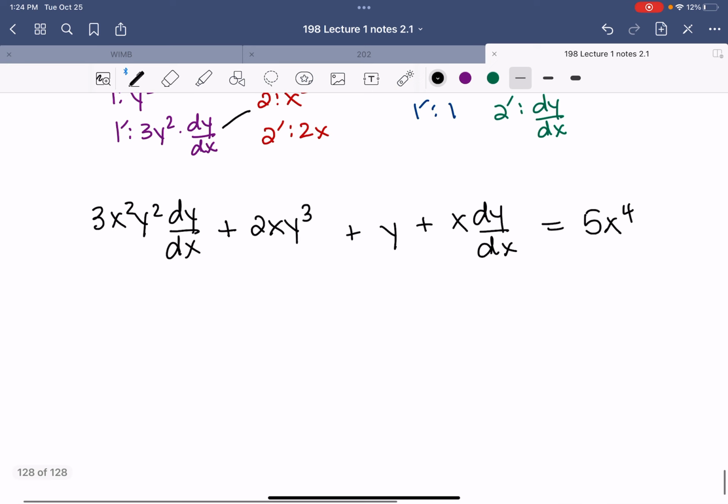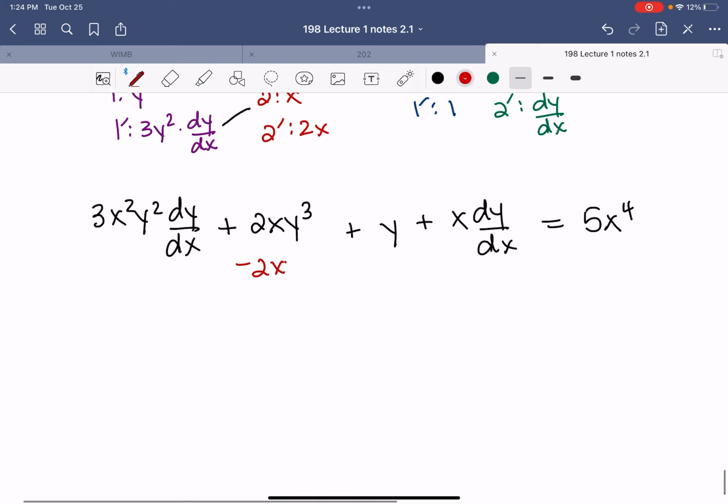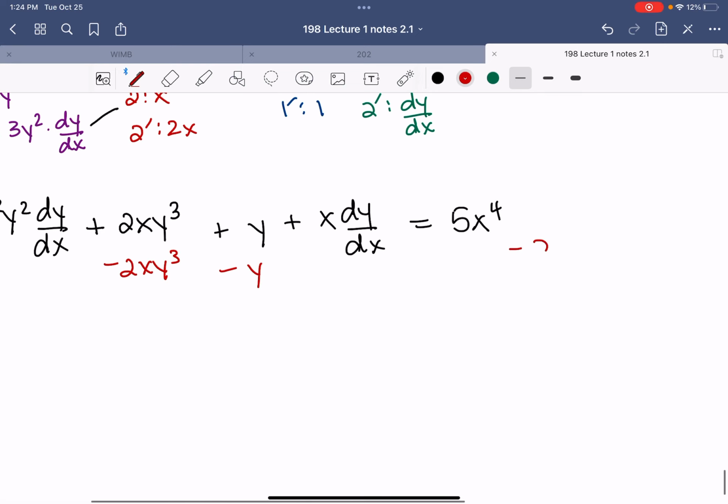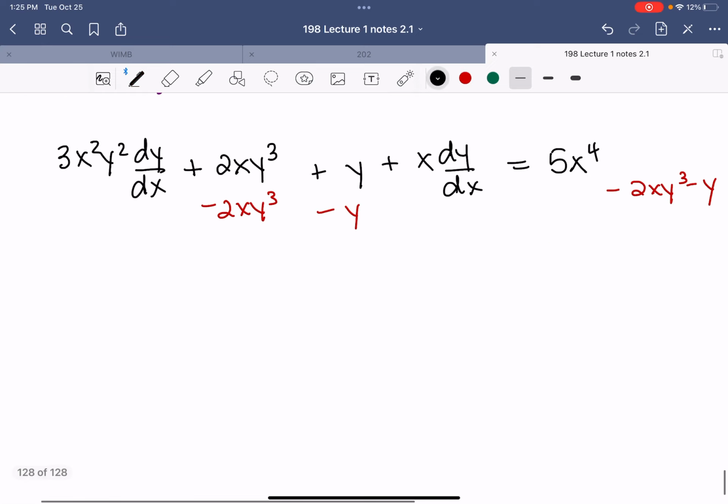Okay, now algebra is to simplify here. So the first thing that we want to do is we want to move our 2xy cubed and our y to the other side. So we're going minus 2xy cubed minus y. That leaves us with 3x squared. And actually, what I can do here, everything on this side then has a dy dx, so I can factor it out. So dy dx times 3x squared y squared plus x.